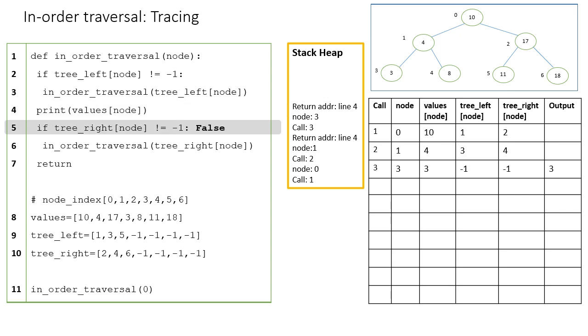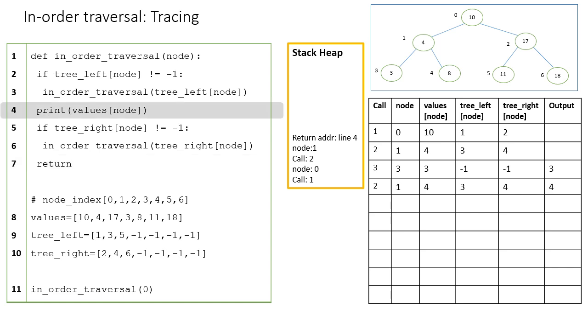Check to see if our tree right node doesn't equal -1, which is also false. And so we jump straight to line 7, and we can see there that we have terminated that call 3.